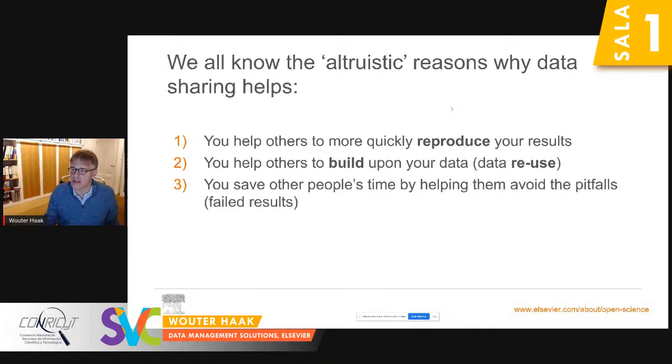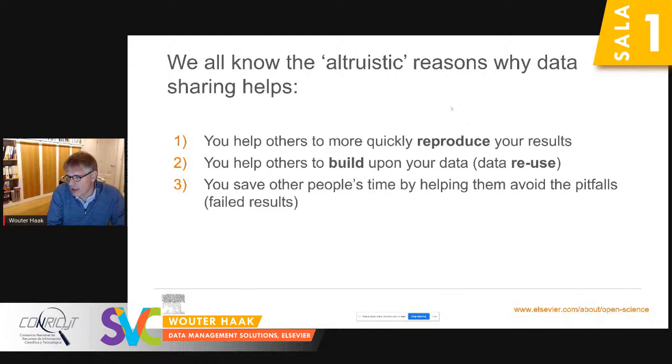It's so much easier to start a new experiment if you have the raw data, settings, and all the previous results from a previous experiment, instead of having to literally redo that analysis from scratch. And not only that, you actually save other people time if you share the data that went wrong, the failed results. So these are all altruistic reasons why data sharing helps.